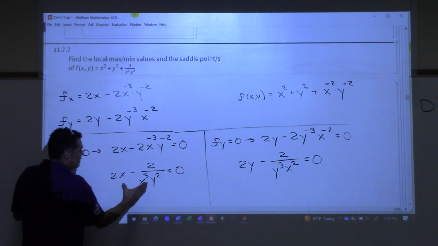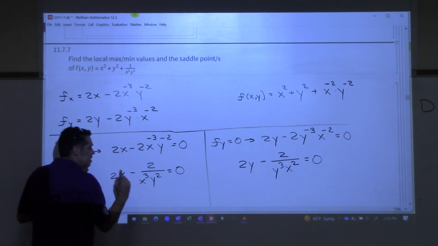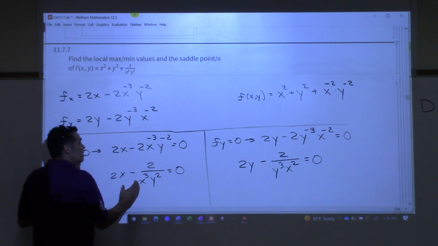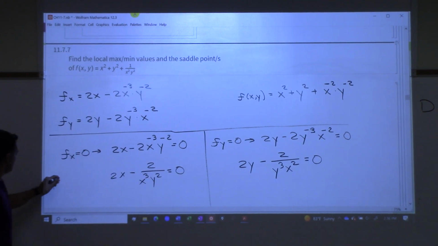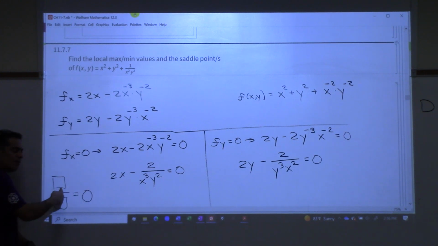I'm going to combine these into a single fraction. And the reason I'm doing it is because I know that if I can get this to one fraction equal to 0, then if you ever have a fraction equal to 0, all you ever have to do is look at the numerator, because the only time a fraction can ever be 0 is if the numerator is 0. So I'm going to try and get it to a single fraction first.